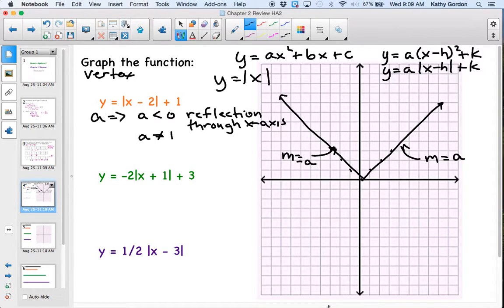Now, if you don't remember that, the other thing you can do is just once you figure out where the vertex is, put in a couple points to the right and a couple points to the left and work it out and get answers if you don't remember this. But if you can remember this, then this becomes pretty easy because once you decide where the vertex is, the right side you just follow whatever a is for slope, and for the left side you just reflect it or make it the negative a for slope, and boom, you got a V. Absolute value. You're done.